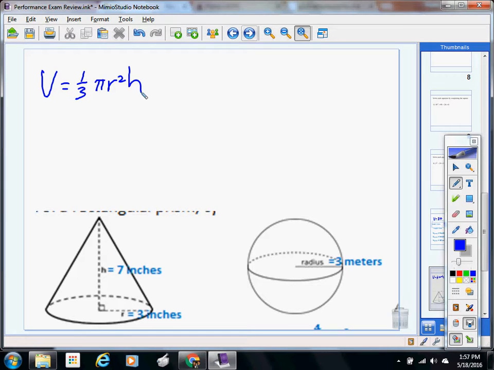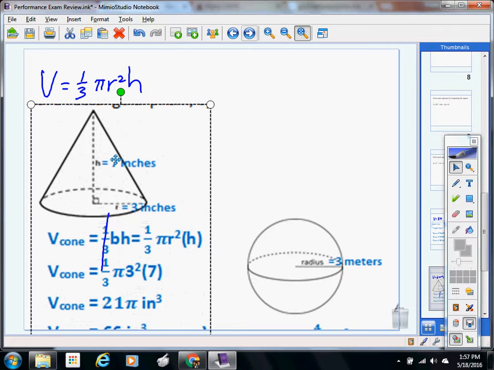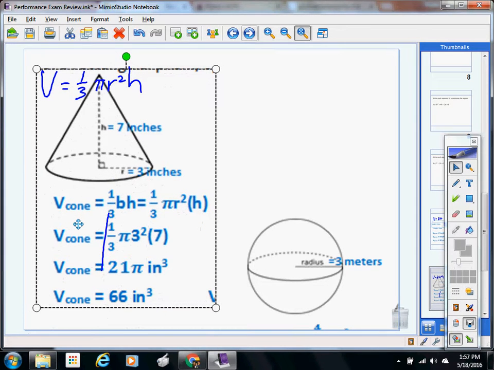Take 21 and times it by pi. When you take 21 and times it by pi, you also get the same answer that y'all were saying, 66. Good? Keep going.